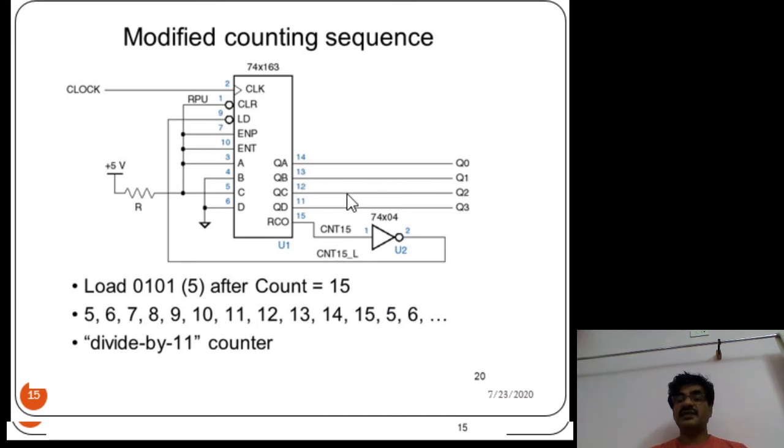When the output is 15, the RCO becomes 1, which means we have the 0 value at load, so it loads the input value 5. That is how you observe the sequence 5 to 15. Like that, you can design different mod counters using this IC 74163.